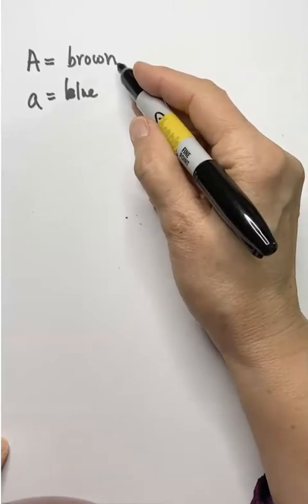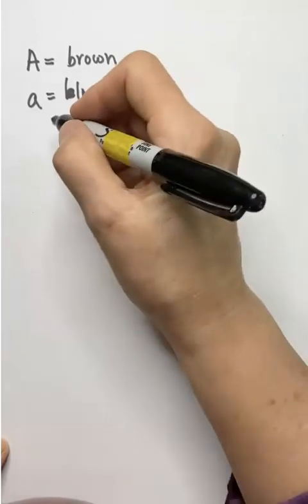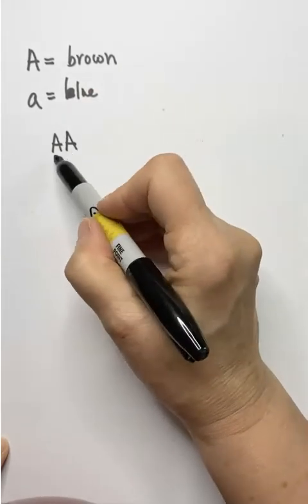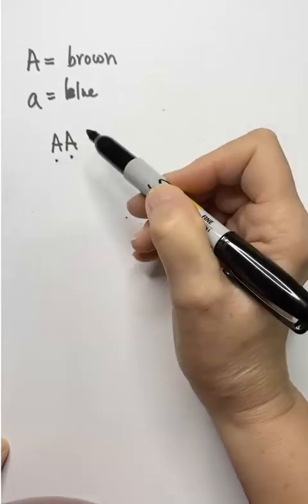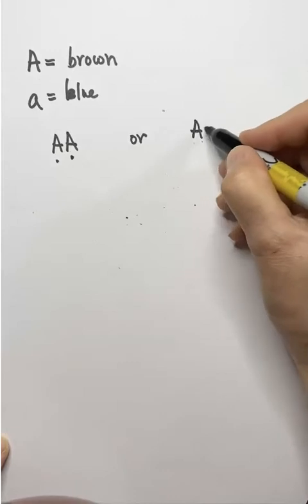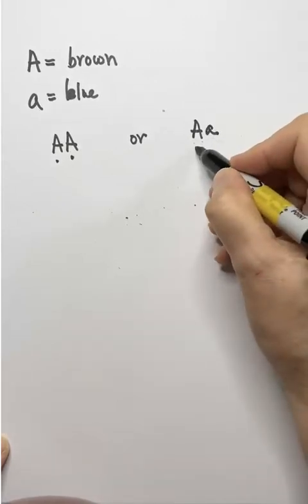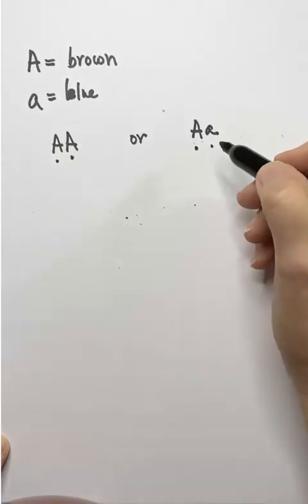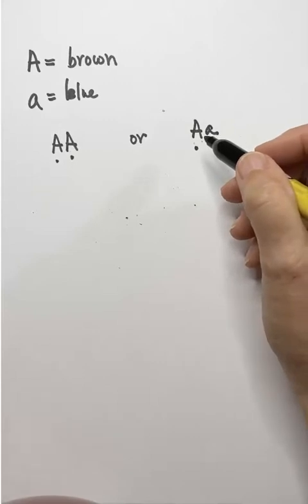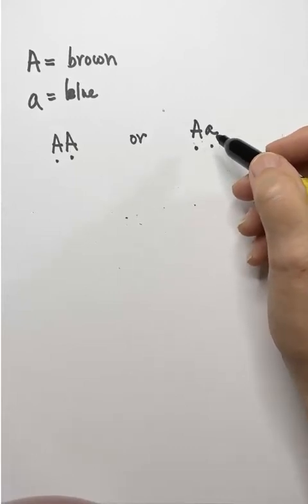If you have two brown-eyed parents, then they can either have the genotype capital A capital A, where they have two brown eye-color genes, or they can be capital A, little a, where they have a brown eye-color gene and a blue eye-color gene. Now say that one of your siblings ends up with blue eyes, and everybody in the family is shocked. Is there any way that that could happen? Let's see if it's possible.